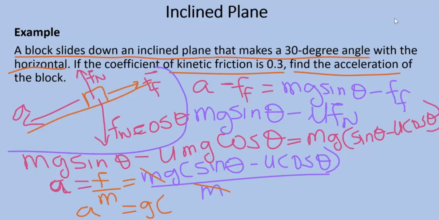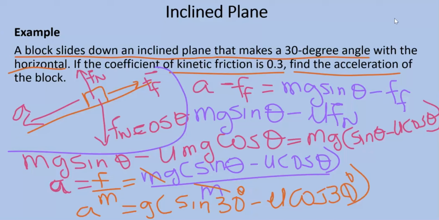Just the sine theta. What will sine theta be then? Sine 30, since theta is 30 degrees, minus mu cos 30 degrees. Okay. And here we know that g is equal to what? 10.